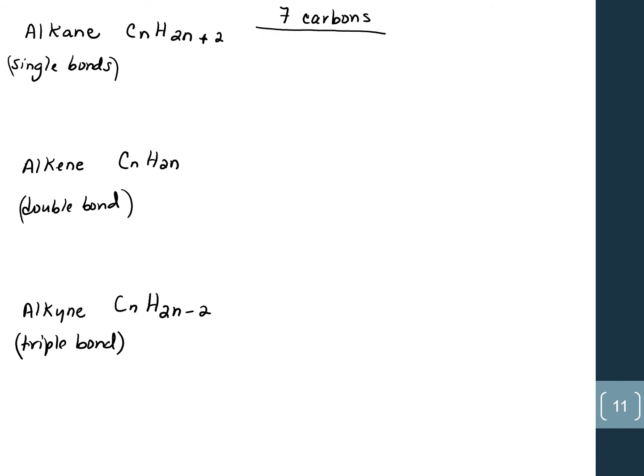If I tell you, okay, you have an alkane with 7 carbons, how many hydrogens do you have for that alkane? So you have 7 carbons, that's the value of n. The number of hydrogens will be 2 times 7 plus 2. That's 16. So the formula for your alkane, all single bonds, will be C7H16.